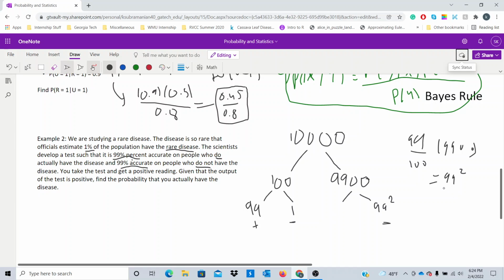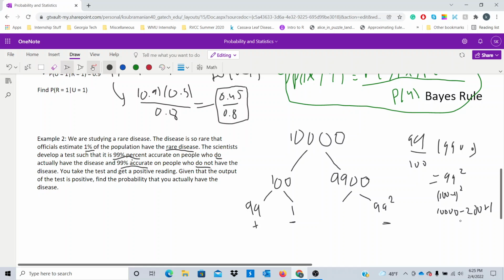With that being said, let's evaluate 99 squared. It's going to be 99 times 99. Or actually, I can evaluate it a little bit easier. That will be 100 minus 1 squared. So it'll be 10,000 minus 200 plus 1.